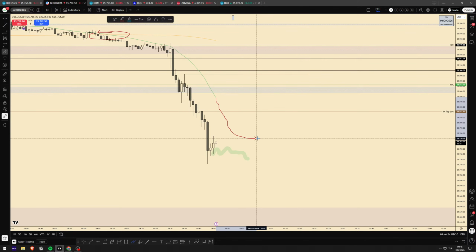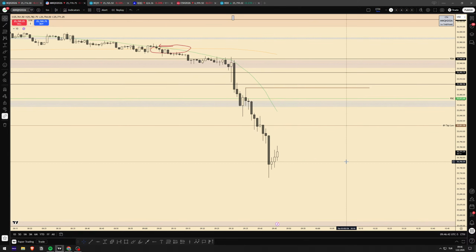And I would love to see this flipping and price is closing above this, and then starting to reverse back higher. This is when I would like to participate in long setups.